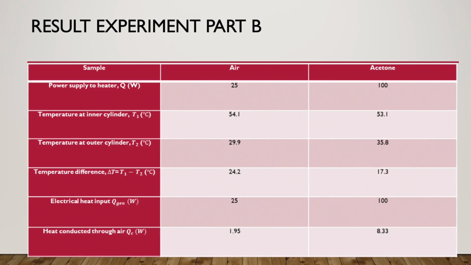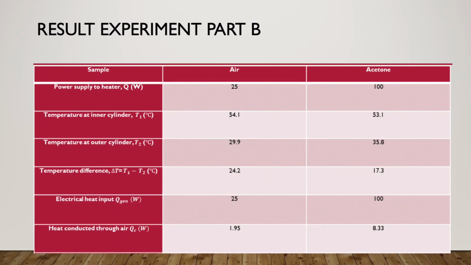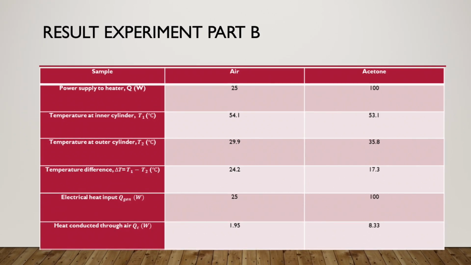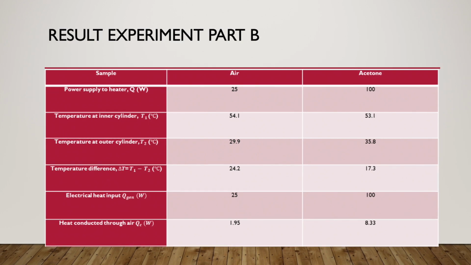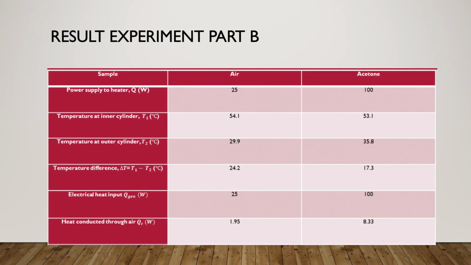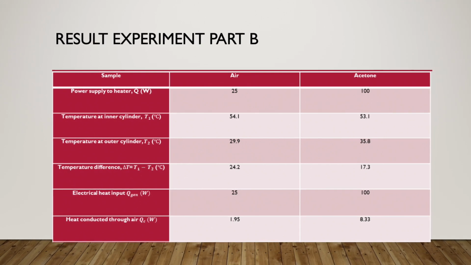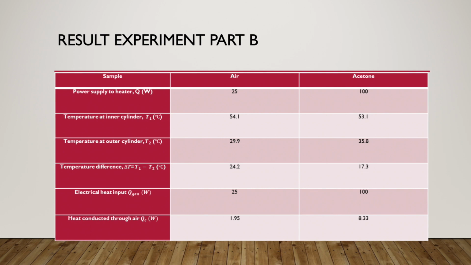Table 3 displays the results obtained for experiment part B. From Table 3, T1 is the temperature at the inner cylinder, T2 is the temperature at the outer cylinder. Temperature difference is calculated by using T1 minus T2. Electrical heat input Q generation is equal to the power supplied to the heater. Heat conducted through air QC is calculated by using Fourier's law.